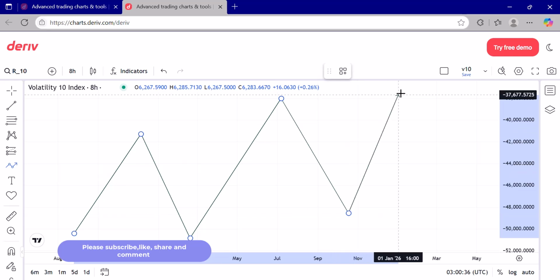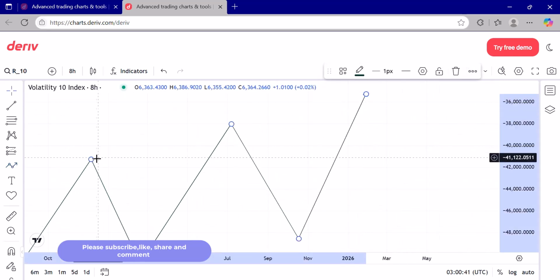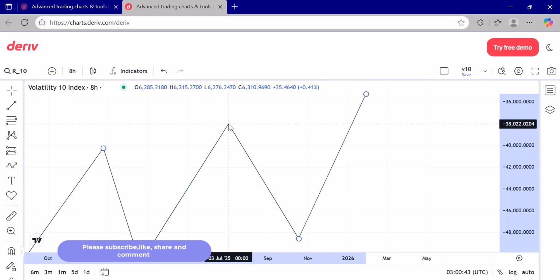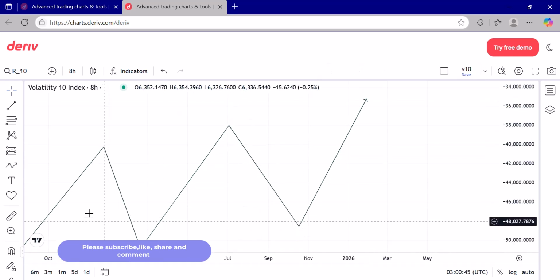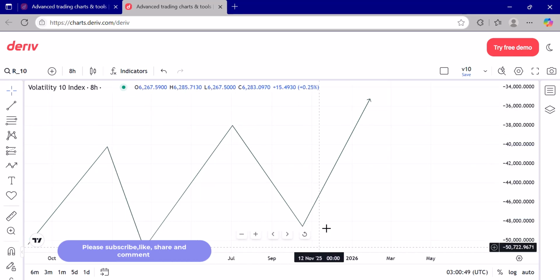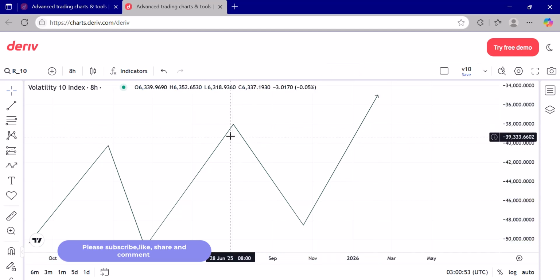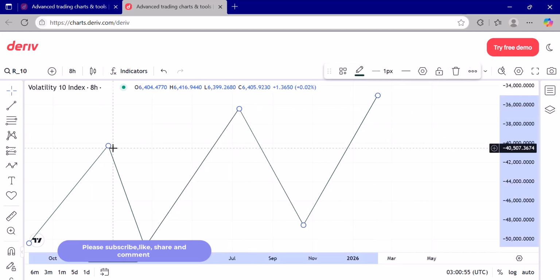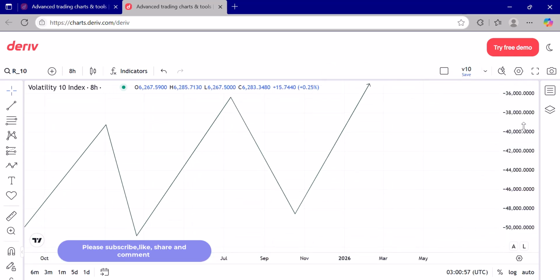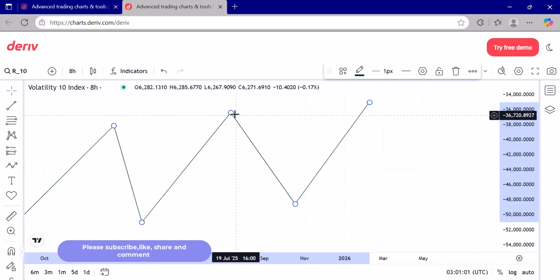Hardly will you see a market doing something like this. This is a bullish trend. Hardly will you see the price just behaving like this? Up, up, up, up. Maybe you took a trade here, it went up. It doesn't do like this. So now this is what we call our swing structure.